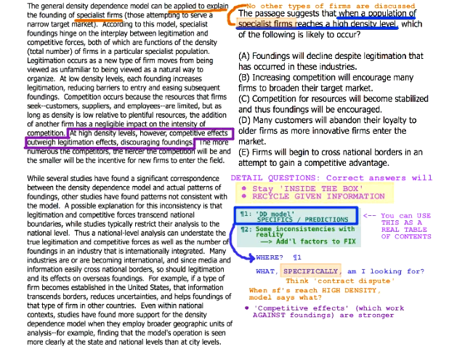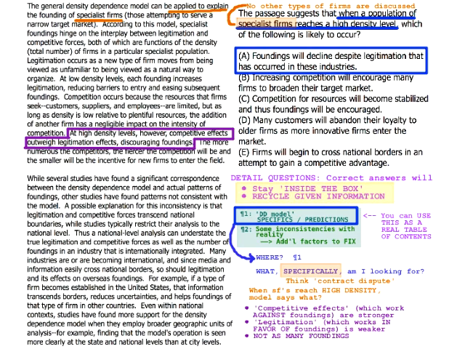Legitimation, I have no idea what that means at all, but it is clearly something in favor of foundings. It is weaker, and so foundings will not happen as much. That is pretty much exactly what choice A says, and it has nothing to do with what any of the other choices say.